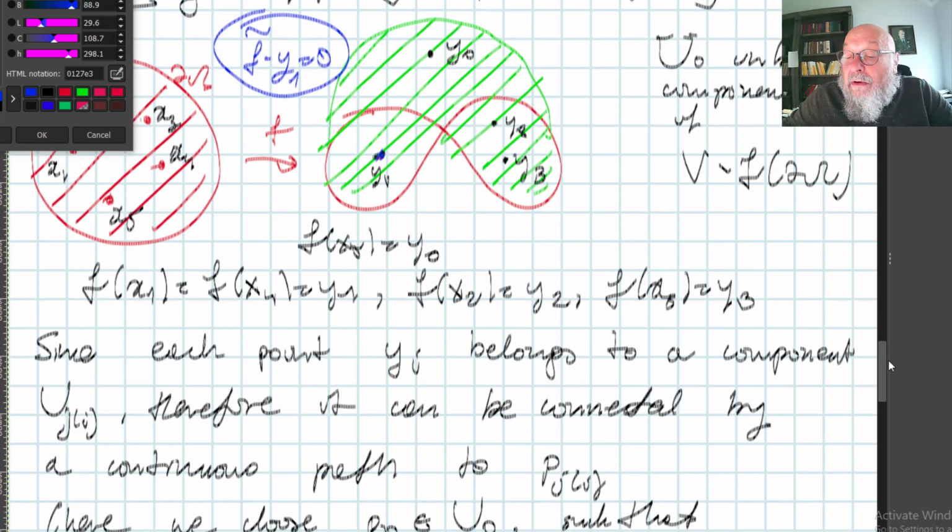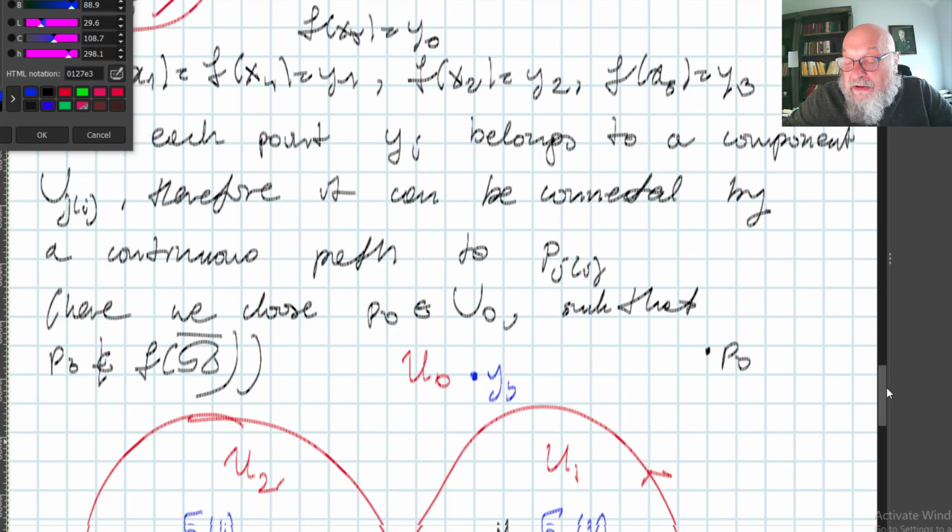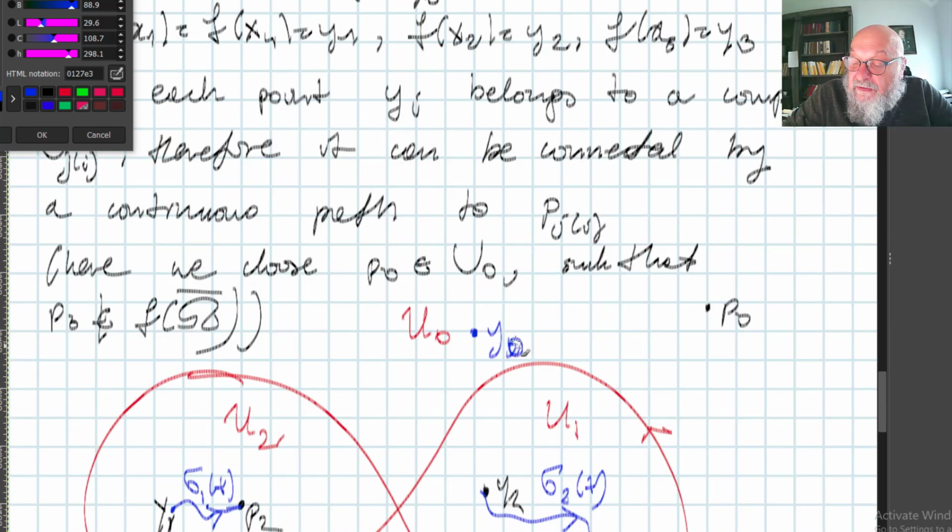Y0 is connected to P0, and this will be C0 of t.